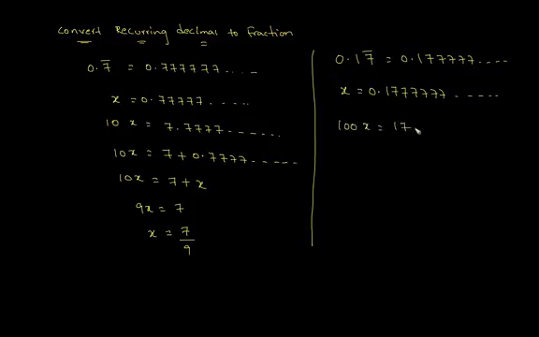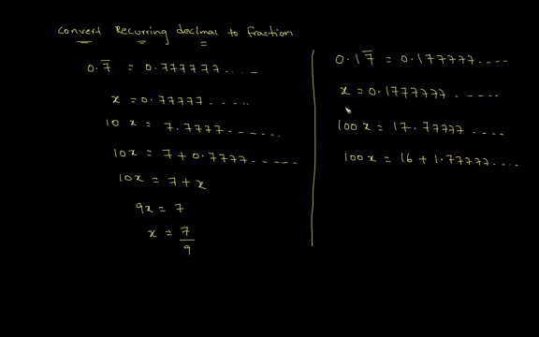So I will have the number 17.7777. Now 100x equals this, which I will write as 16 plus 1.7777 and so on. Now how do I get 1.7777?